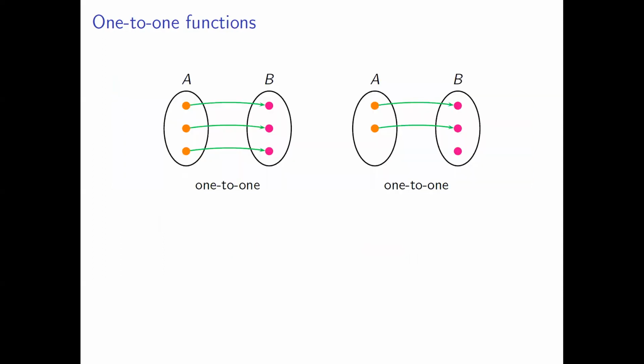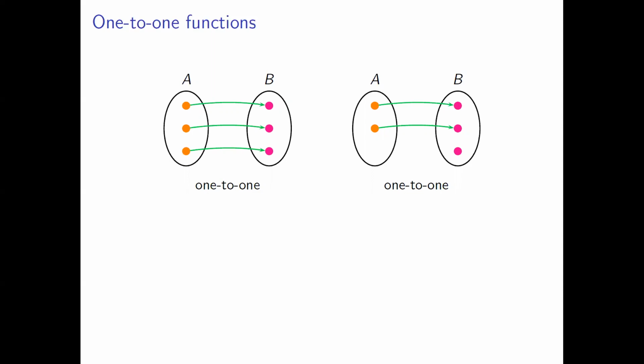Here are some Venn diagrams illustrating some one-to-one functions. For a function to be one-to-one, the only requirement is that no two distinct elements of the domain have the same image. This is clearly satisfied by the two functions shown here. Note that it is not necessary for the range to be equal to the codomain.